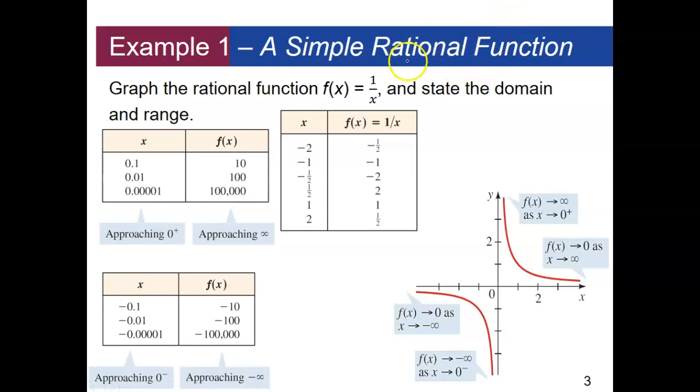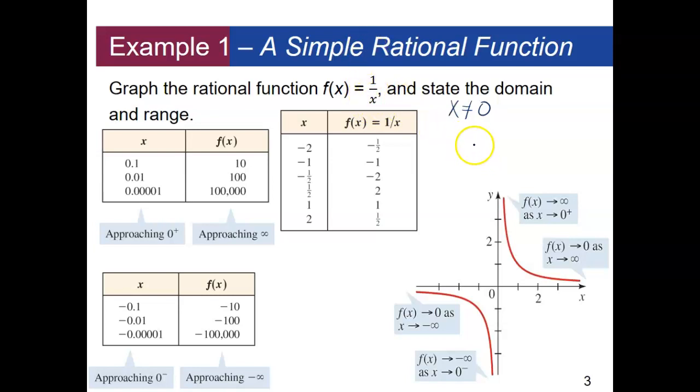Okay, I want to start with just the very basic rational function. This is the reciprocal function that we mentioned earlier in chapter 2. So if we were to graph this, obviously we could plot a few points, and that would be helpful in graphing it. But what you should notice here is when we look at the domain, we have to realize that x is not going to be able to be 0, because if x is 0, then we have a division by 0 error.